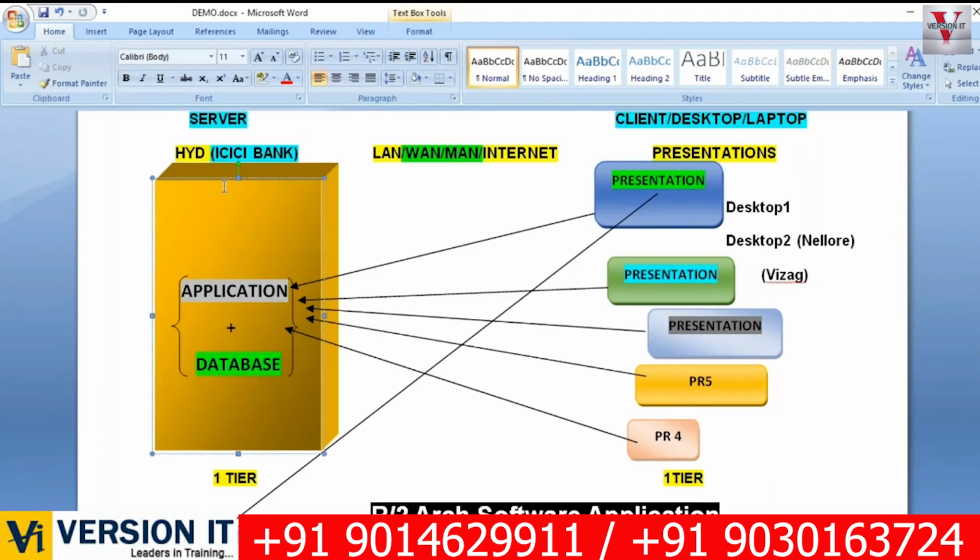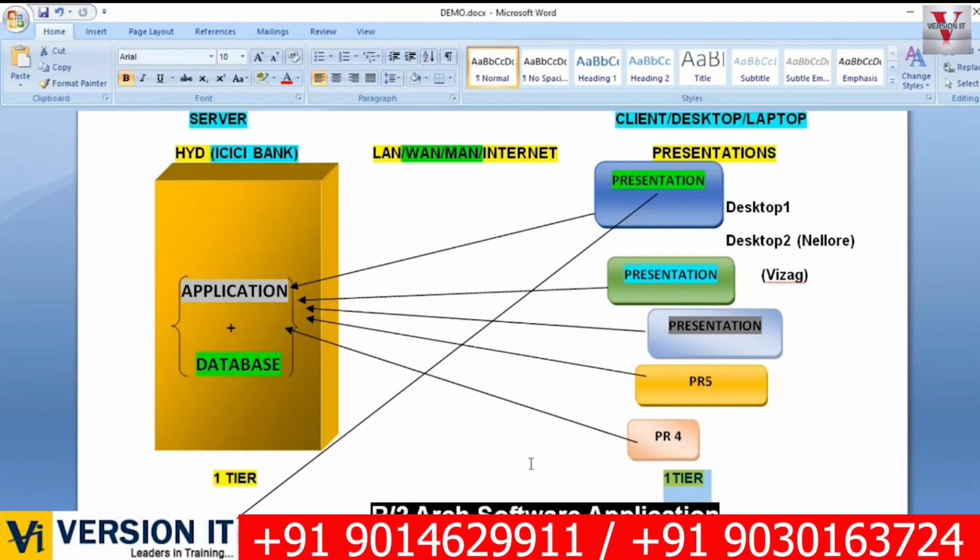On the server end, you need a software application which can process user requests and a database to store the information. So someone has to design this software wherein application and database act as one tier and all the presentations act as one tier.